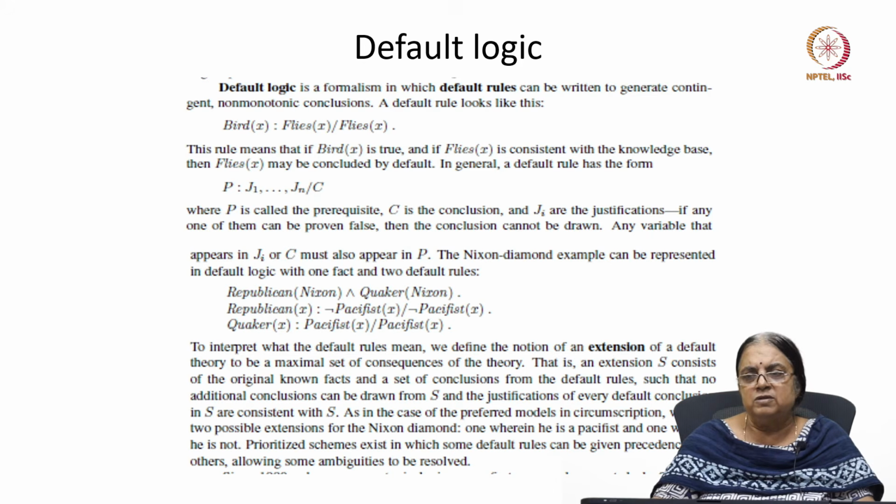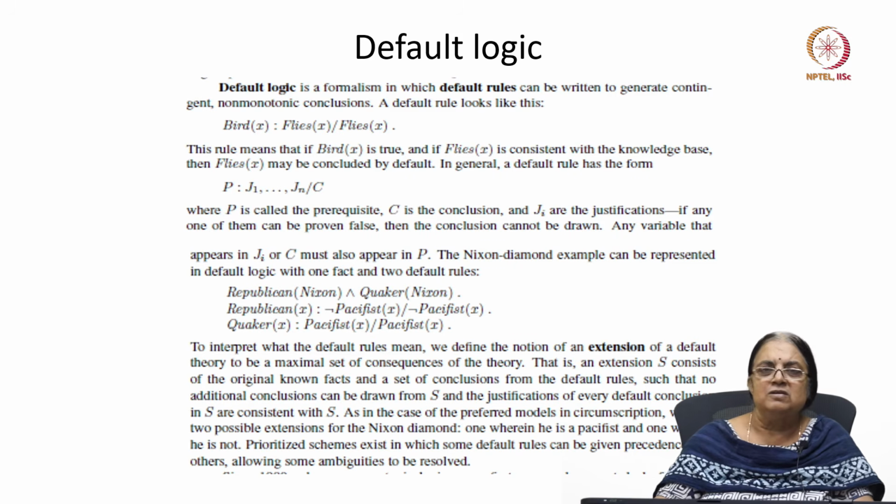In other words, we say this is usually the case. This is the default that I am going to take. When you talk about a vehicle, by default you will assume that it has 4 wheels. When you talk about an auto, you are going to assume it has 3 wheels, etc. That is the default reasoning that you are using over there.